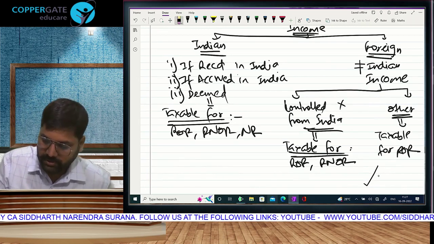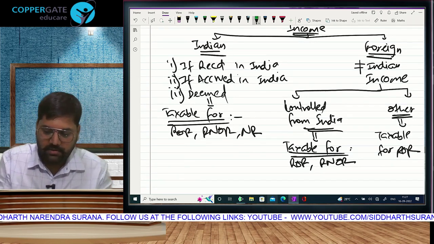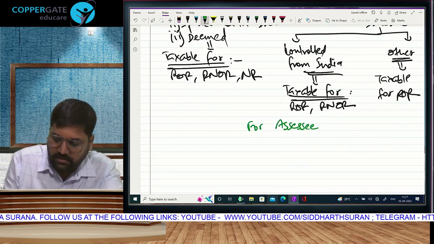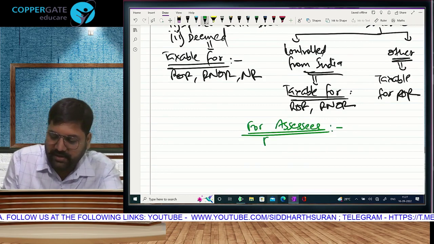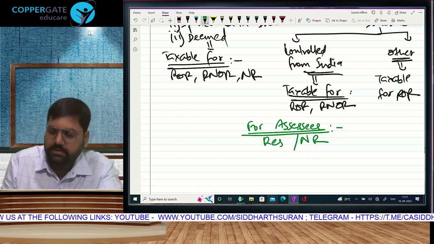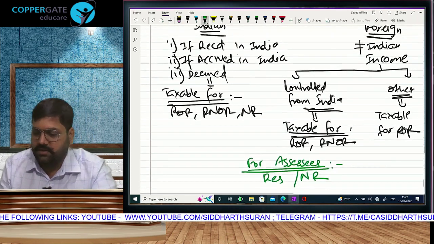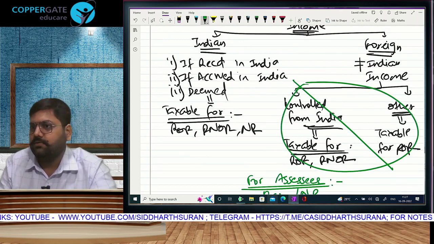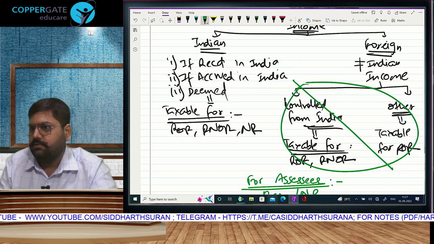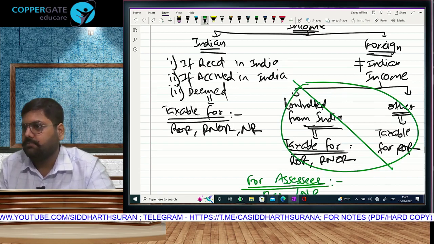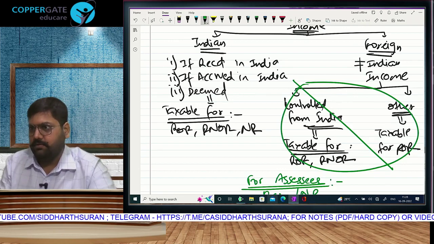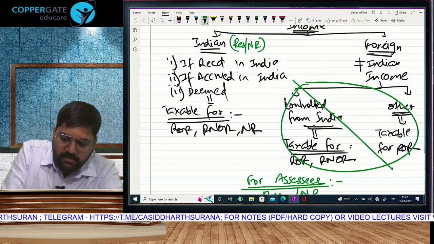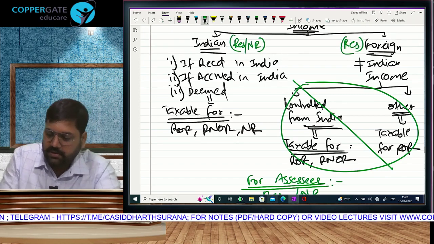Supposing, for those assessees in whose case the only criteria is resident or non-resident, then this breakup of income is not required. Only Indian income and foreign income breakup is required. Indian income will be taxable for resident and non-resident, and foreign income will be taxable for resident. It becomes very easy.